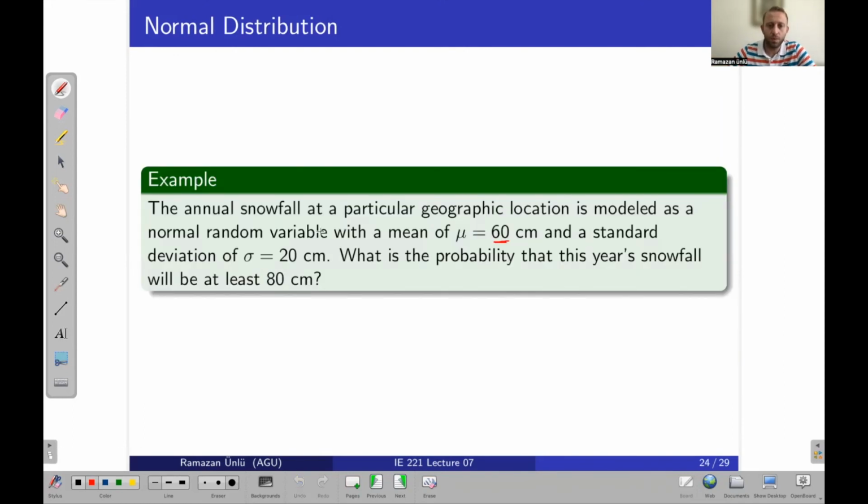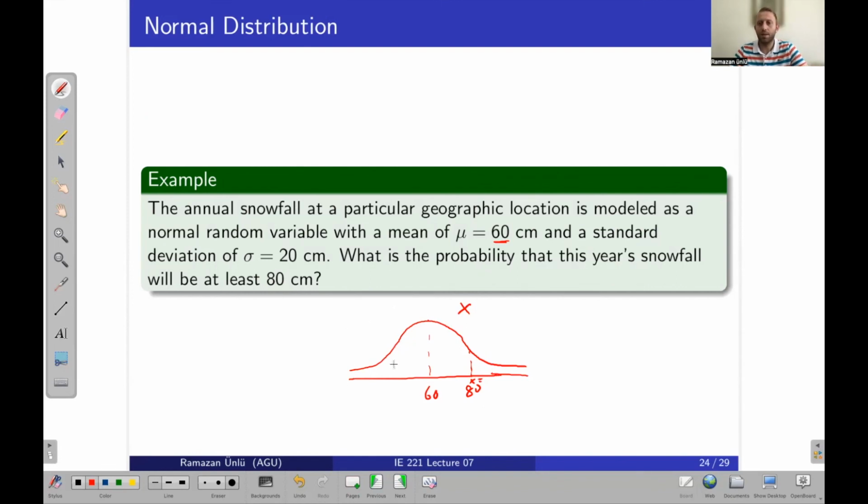First, let me draw before going to the solution. Let's say this is a normal distribution of X, and mu is equal to 60 centimeters, and this is the x value. What is the probability that this year's snowfall will be at least 80 centimeters?